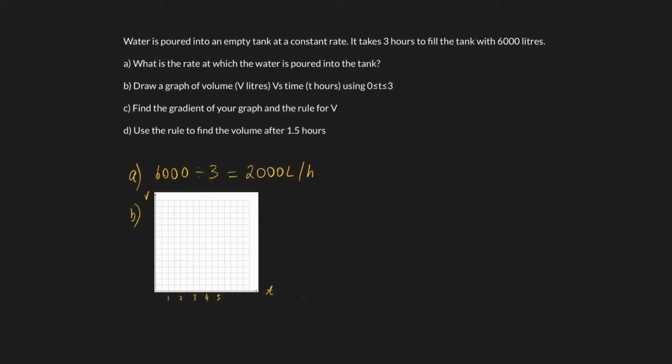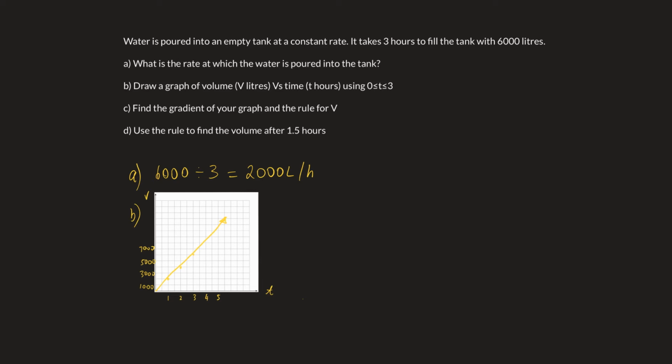And then moving up the graph, I'm going to let each square represent 1,000 litres. All right, so if I was to graph that, it's 2,000 litres every hour. So if I draw my straight line, I go through those points.